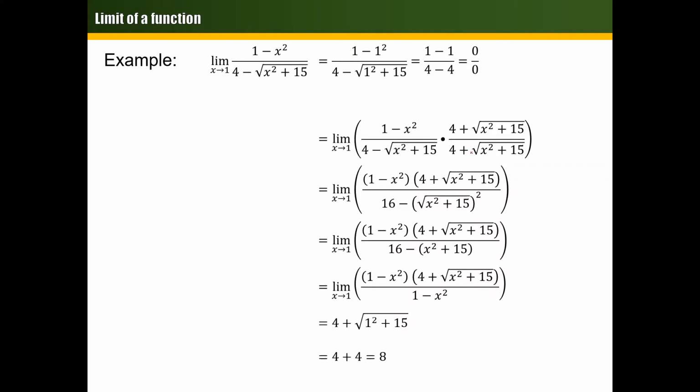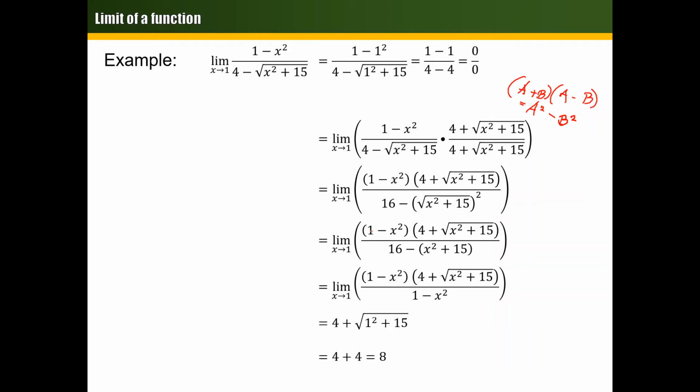Kung hindi nyo na siya naaalala, yun ay parang a plus b times a minus b. At ang product niyan ay equal sa a squared minus b squared. So, square natin yung 4, that would be 16, minus, ano yung square nito? So, we have square root of x squared plus 15 quantity squared.